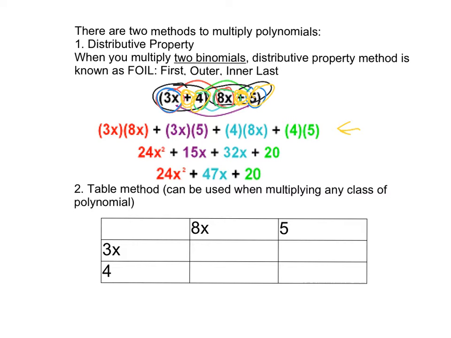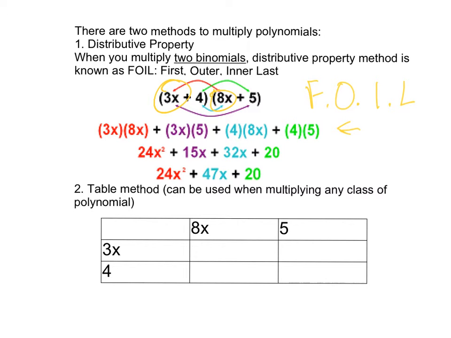It's called FOIL. If it's a binomial times binomial, first, outer, inner, last. So first, let me erase these colors. Okay.